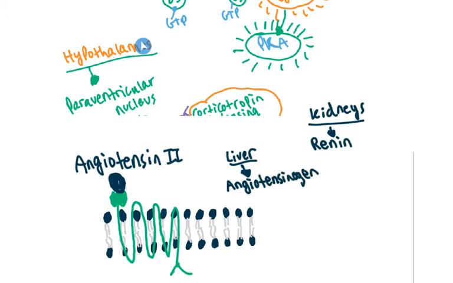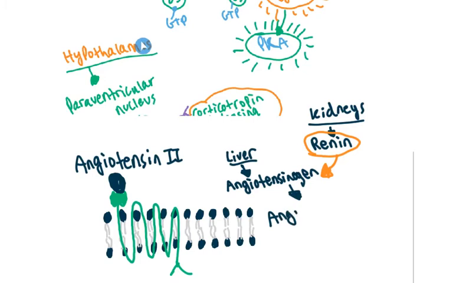This angiotensinogen is the inactive form of angiotensin 1 because it's a zymogen. Then renin acts as an enzyme and turns this angiotensinogen into angiotensin 1.